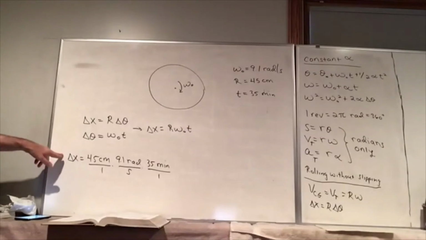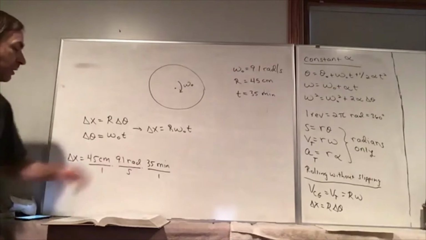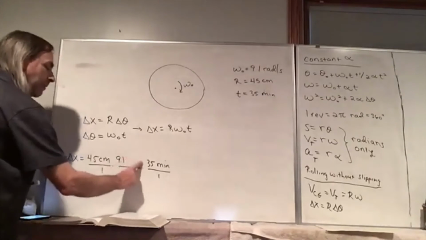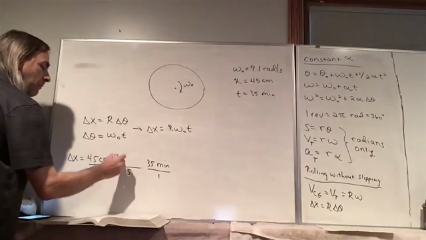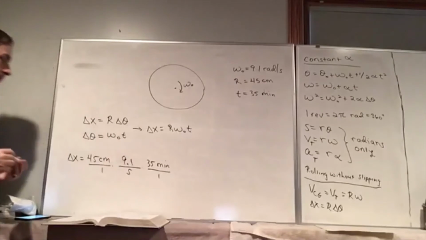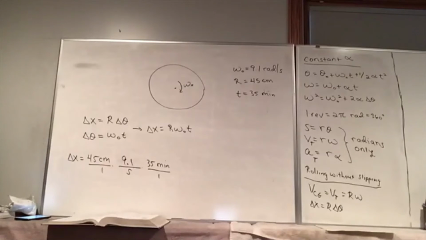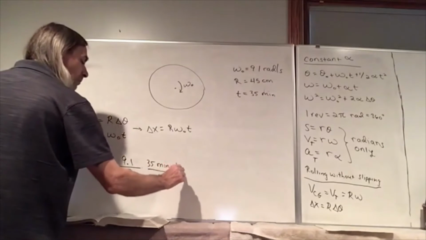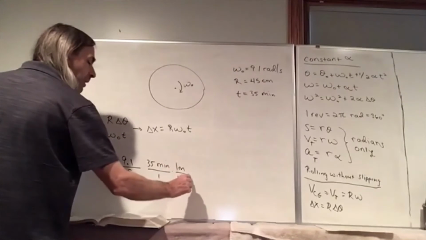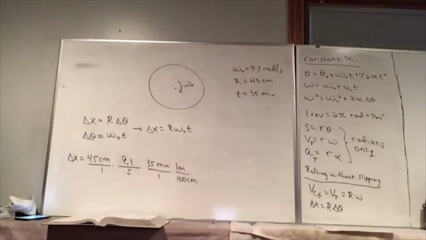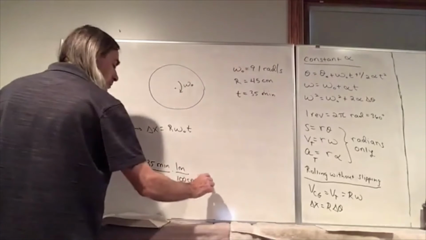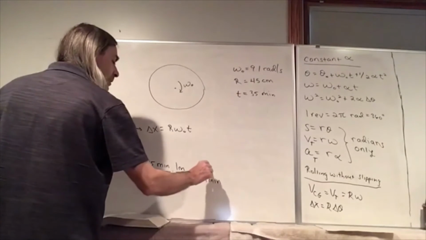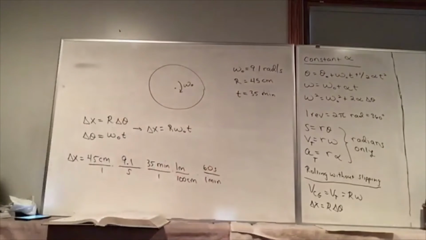So here we're getting a displacement. We shouldn't have any angular units ultimately. So let's just erase this radian. Okay, and now it's a matter of dealing with the units. Let's convert at least to meters. So a meter is 100 centimeters, and 1 minute is 60 seconds.